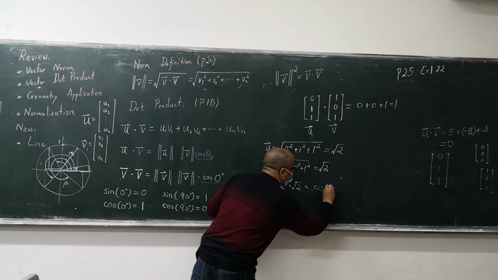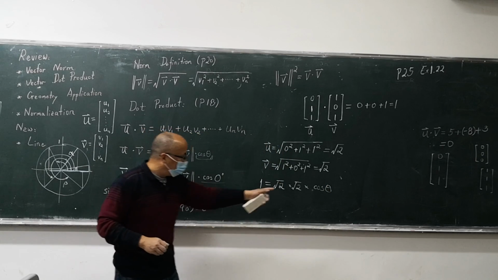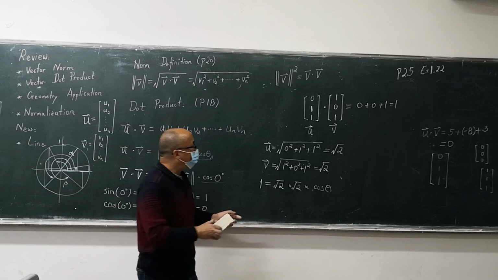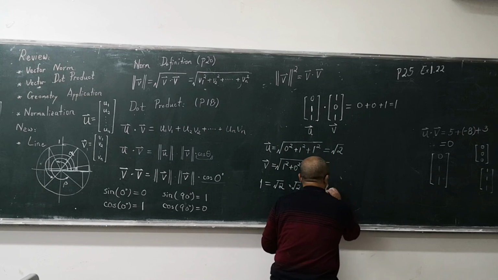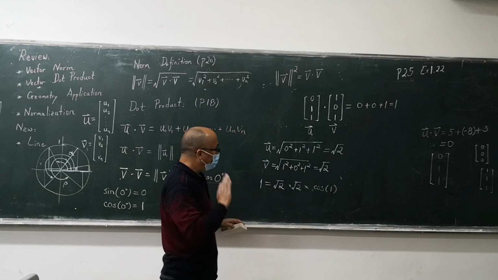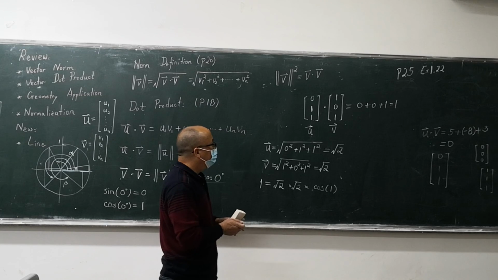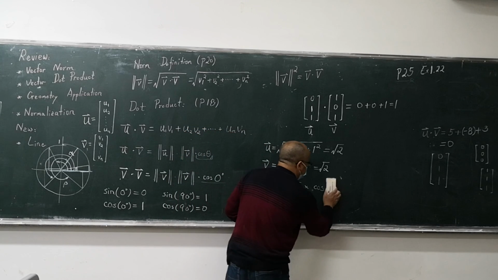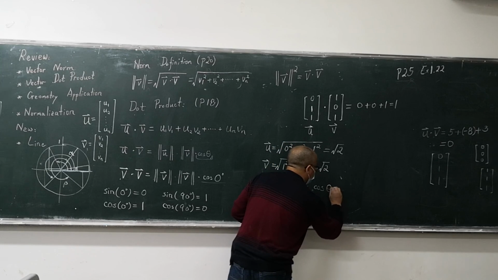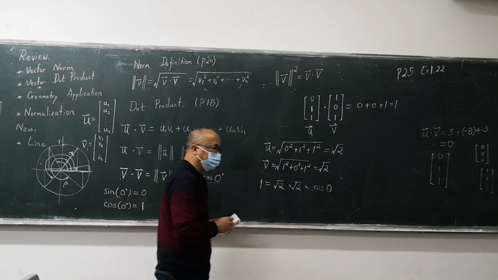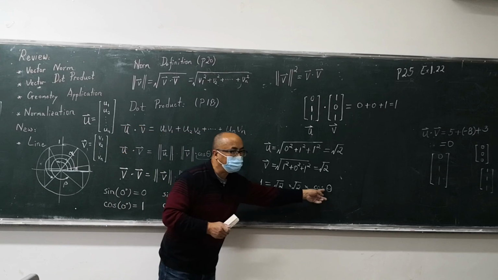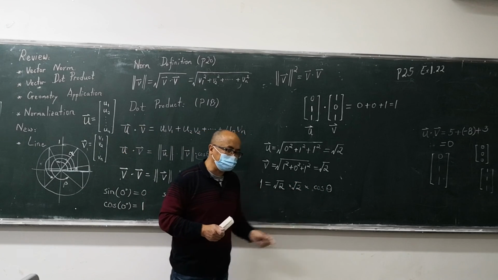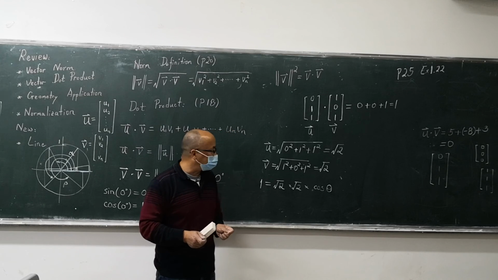cosine, mysterious, cosine theta, okay? Don't think that because this is 1, then this is 1, okay? Don't do that. It's not related. It's cosine theta. We are gradually getting close to the true phase. This is math or science.